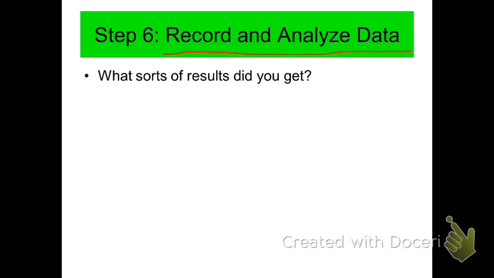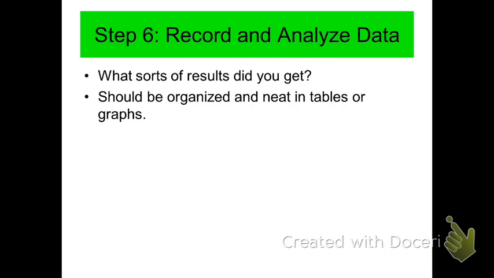So it depends on what the experiment is as to what kind of data you're actually collecting. Ultimately, in science class, your data should always be in neat and organized tables or graphs. So as I underline it, make sure you're filling your blanks in, and we're on the right hand side there, step 6.